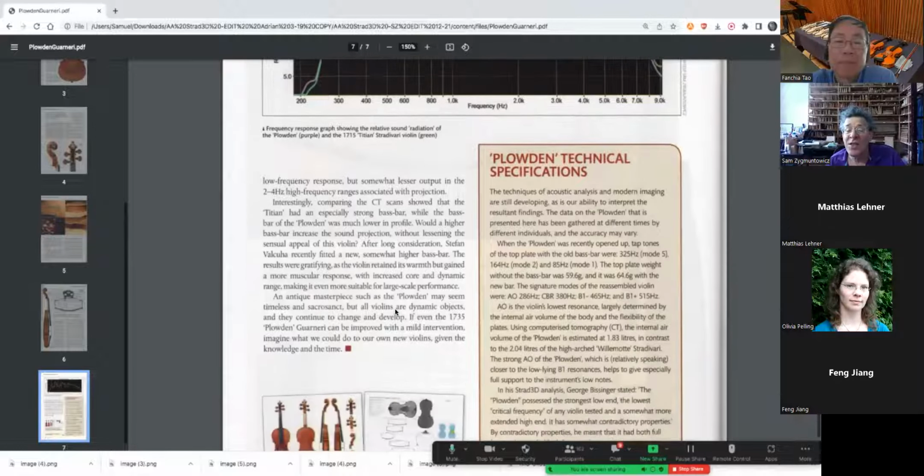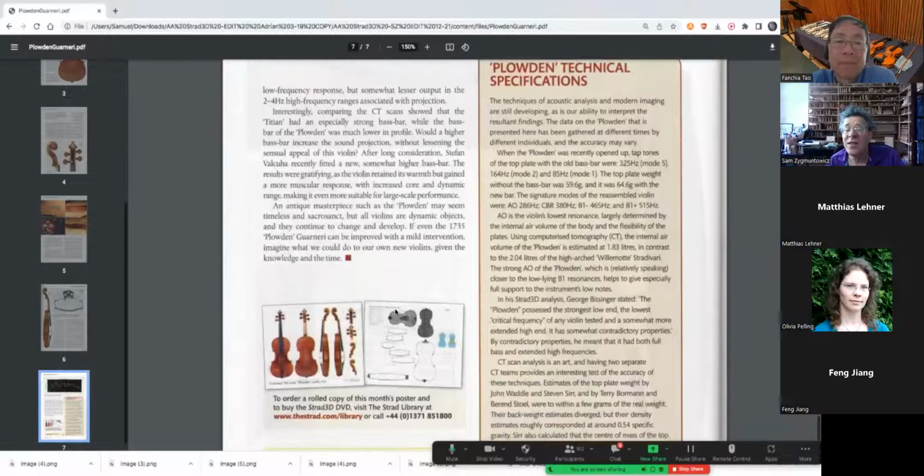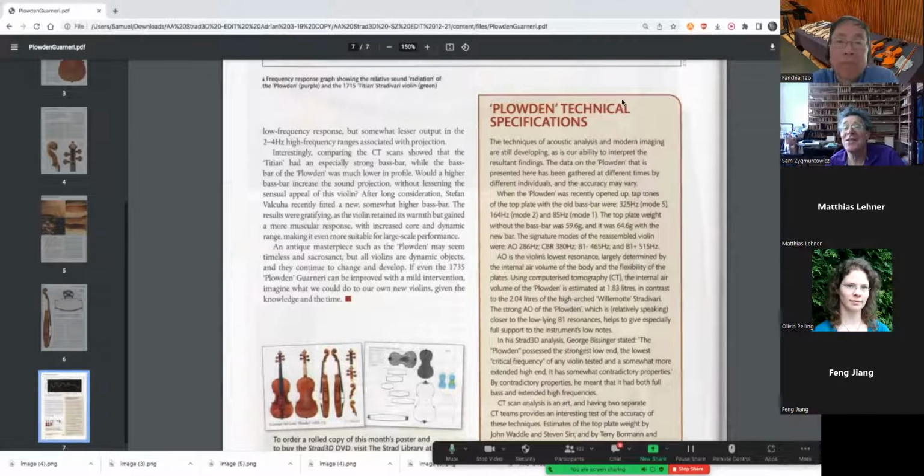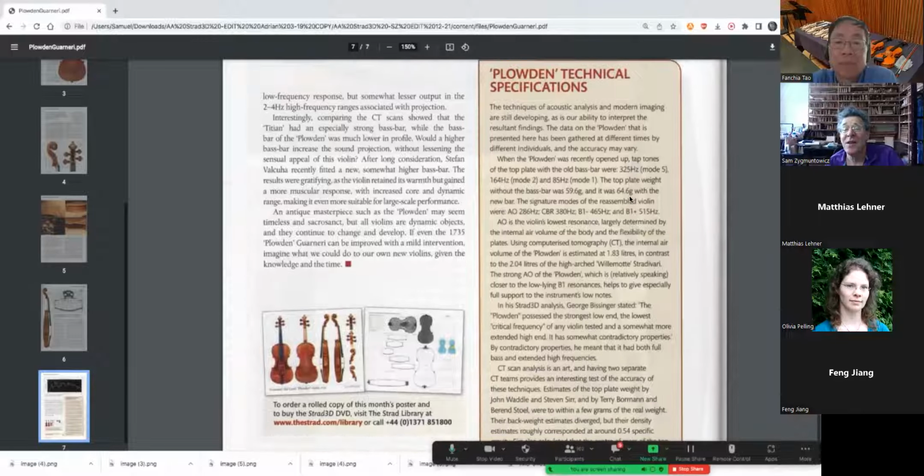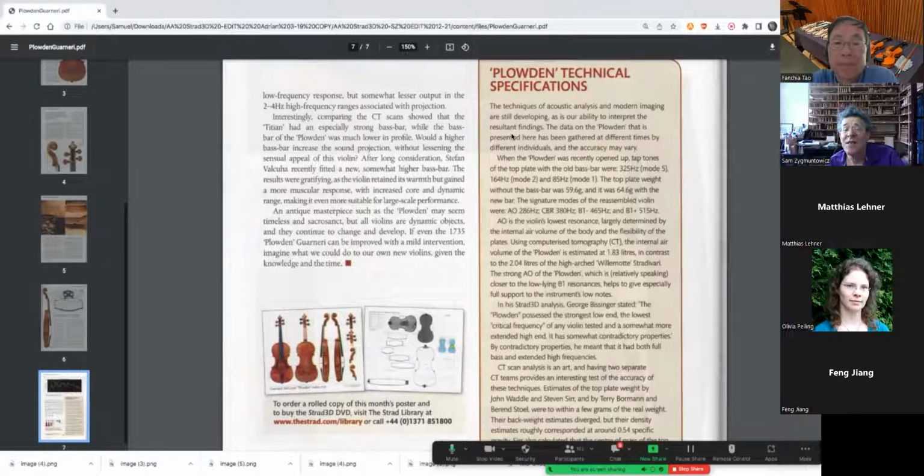And then the other thing I started to include in this is a little ghettoized, if you will, box of acoustic stuff. Not everyone's into it, so I tried to keep it separate. The stuff in here is quoting from people, and it's real numbers. Now, I had the tap tones of the Plowden that happened to be open in my shop once.